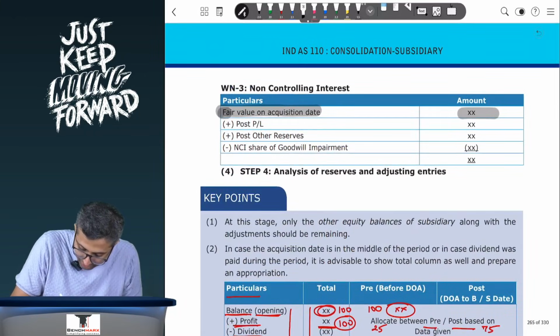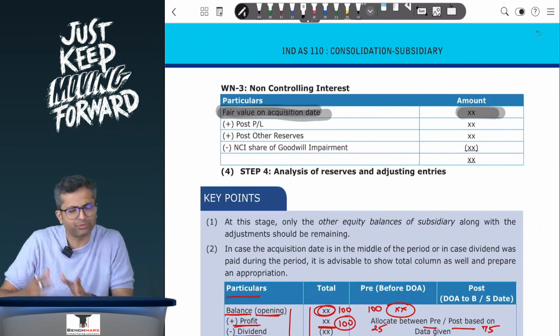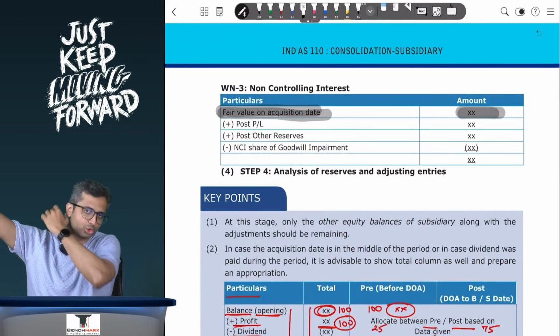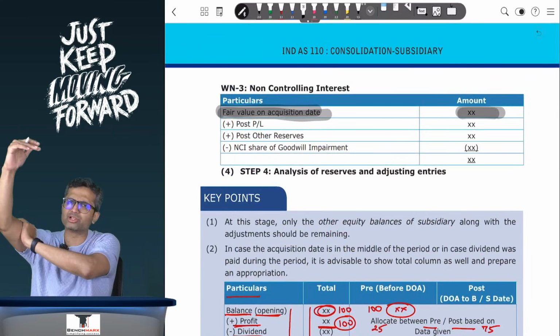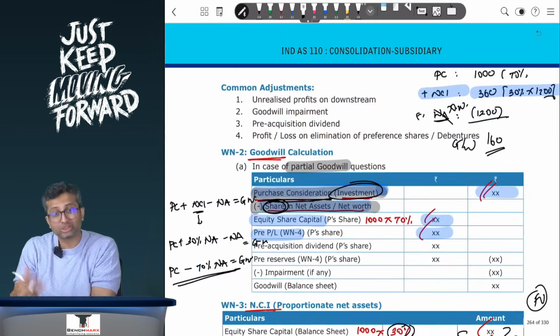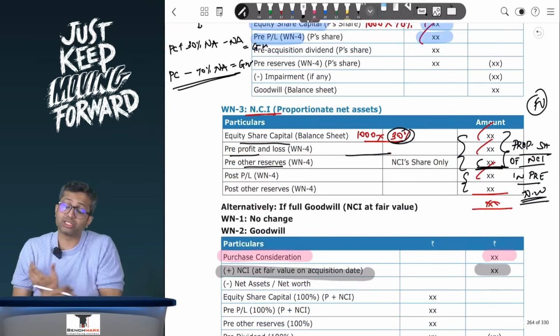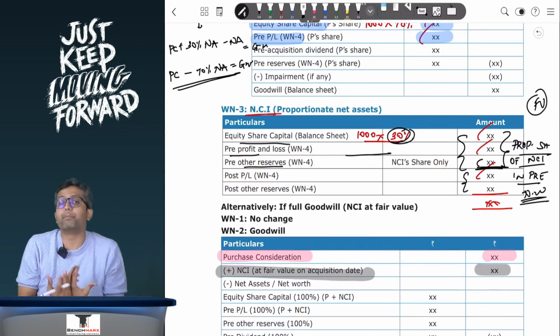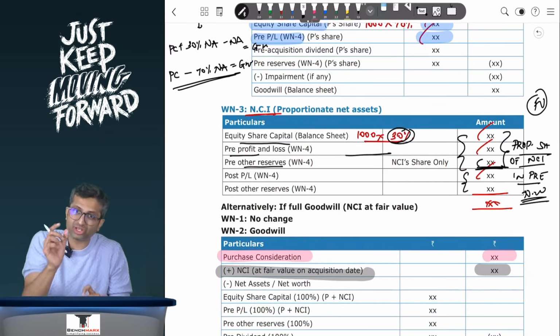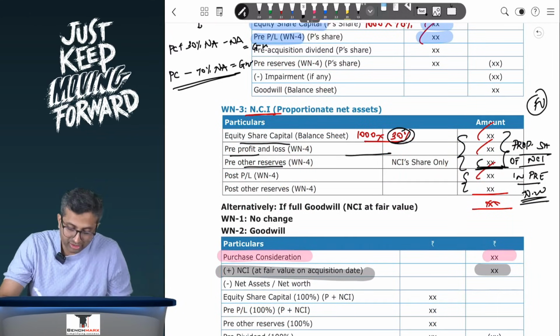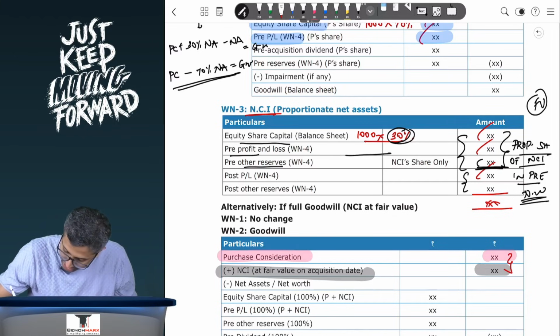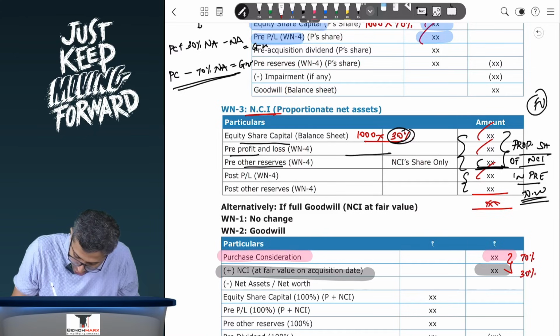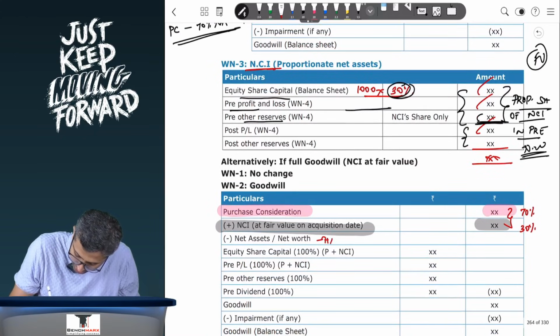So these are the two effects for the NCI at fair value. First, you will take it into working note 3 for finding the opening balance of NCI as on the acquisition date. To that second effect, you will say that when I calculate goodwill, I can't just calculate goodwill based on the purchase consideration. That will give you only my share of the goodwill, to which I will add the NCI. Now, since I have taken the consideration for both 70% as well as 30%, I will not take my share of the net assets.